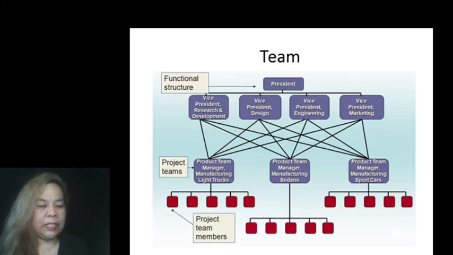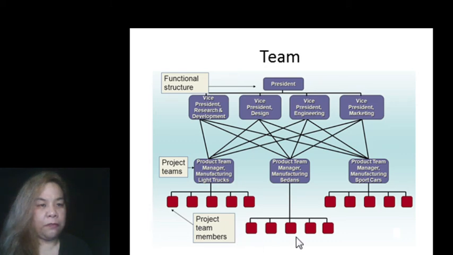So notice that there's a similarity to that of the matrix structure. So there are people coming from the different functional areas. They make up what we call the project teams. And each team is made up of different project team members.